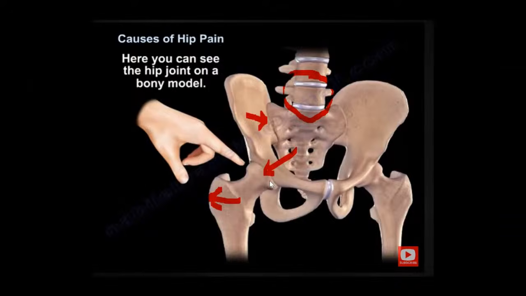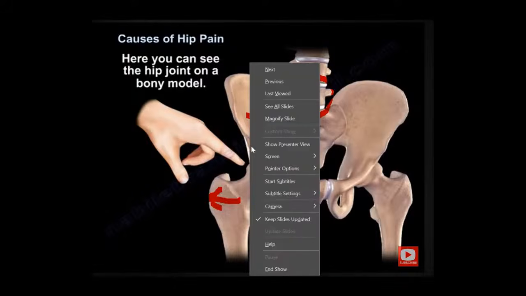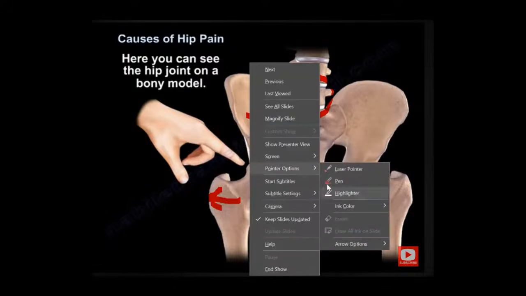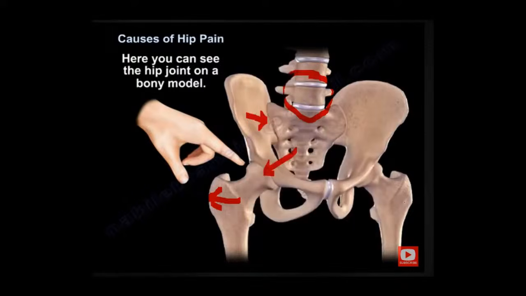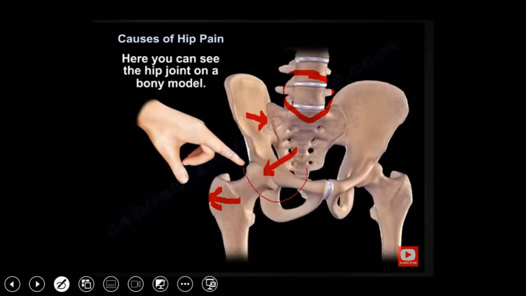This is the model. You can see that the hip joint is right here. I'm going to point it out with the pointer. It's right here. And look at the areas that are close to the hip joint.